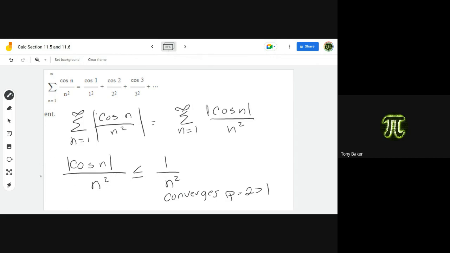And this is always less than it. So that means that has to converge. So this series right here is absolutely convergent.